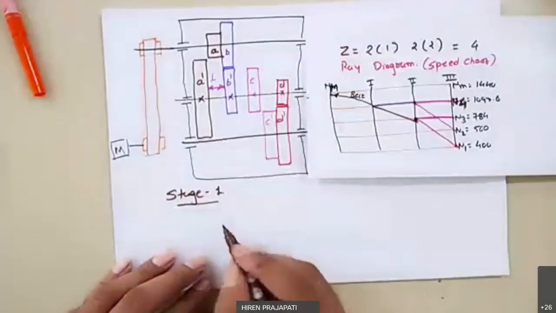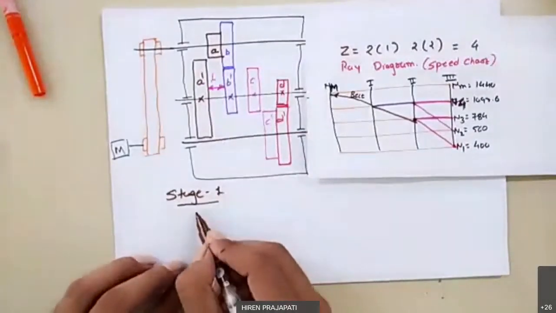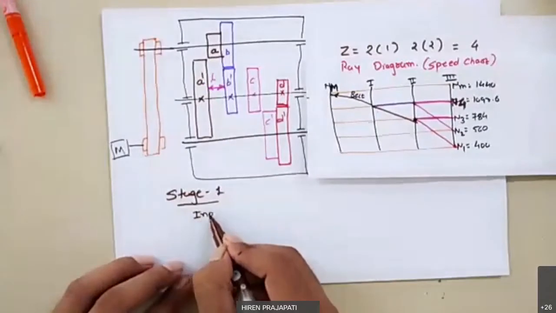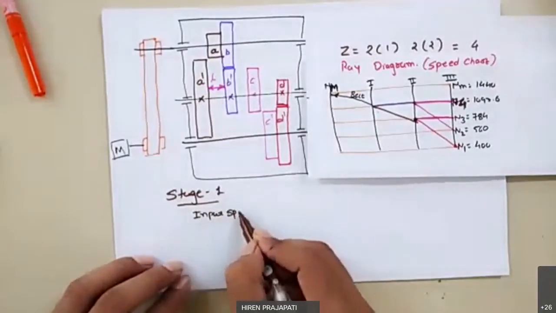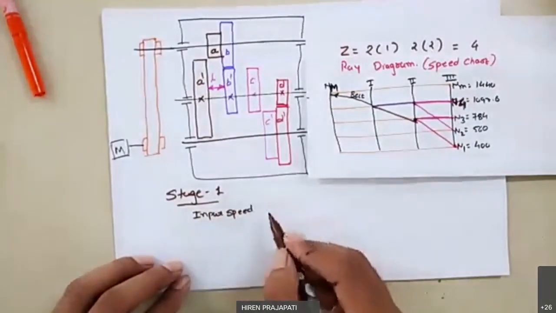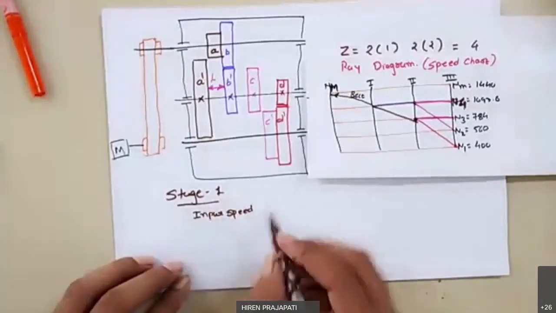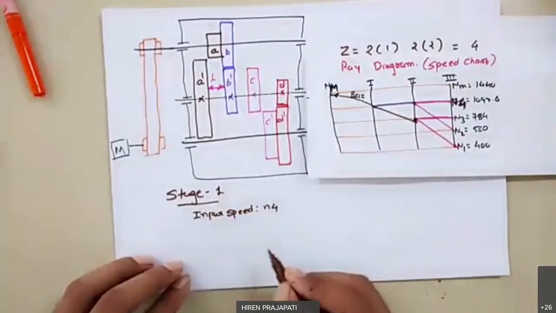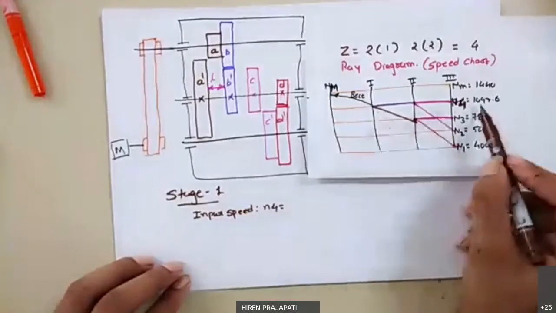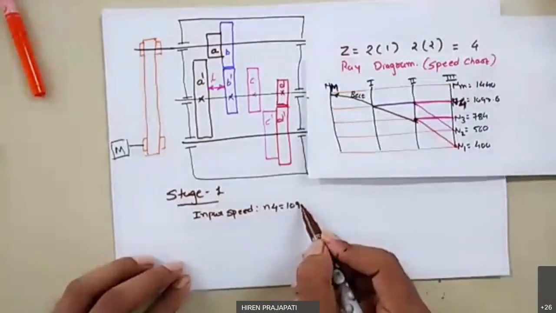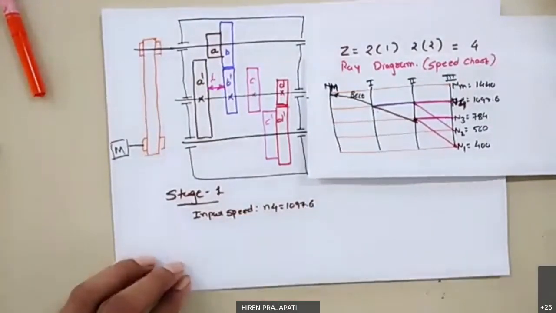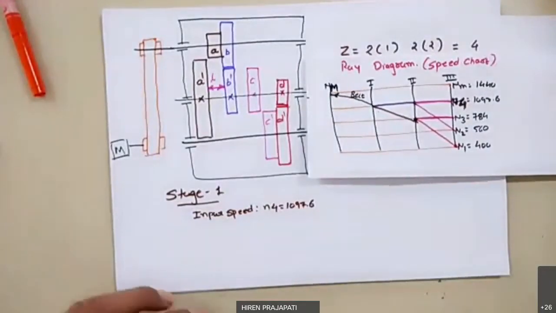So the input speed for stage 1 is N4, which as per the ray diagram is 1097.6, right? And as output, we are getting two different speeds.